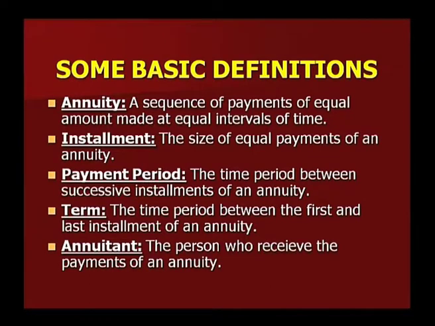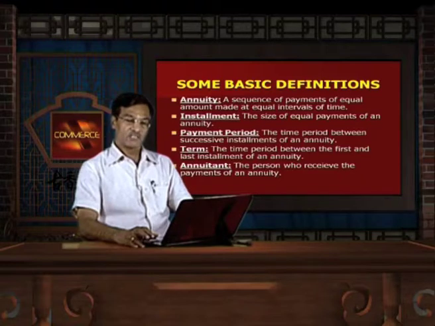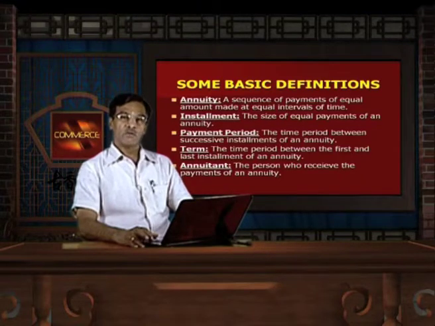Term, the time period between the first and last installment of an annuity, is called term. Then annuitant, the person who receives the payments of an annuity, is called annuitant. Here we have discussed the basic definitions used in the chapter of annuity.